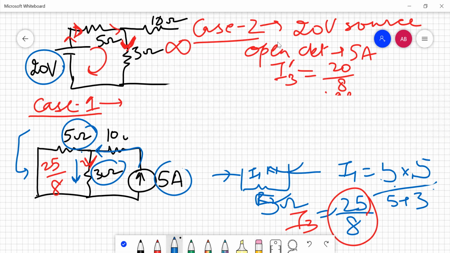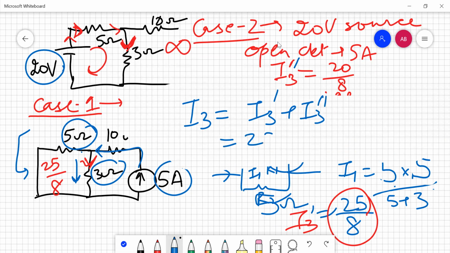So that means my total I3 current will be equal to I3 dash plus I3 double dash. So that makes it 25 by 8 plus 20 by 8, making it 45 by 8 as the complete answer.